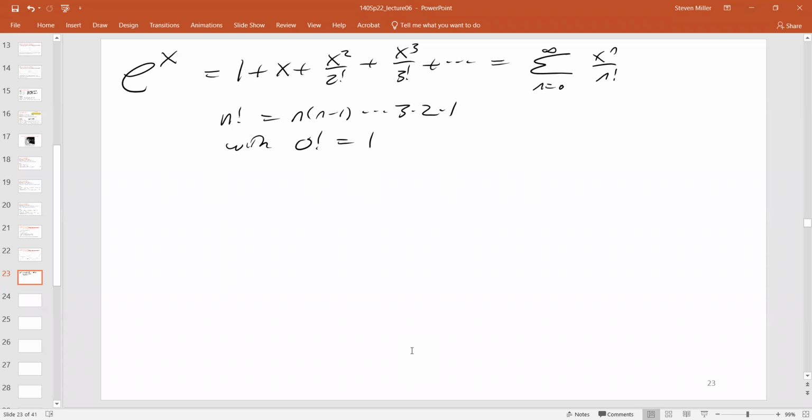As an aside, does anybody remember what n choose k is? The binomial coefficient. If you don't remember the formula, do you remember the interpretation of n choose k?